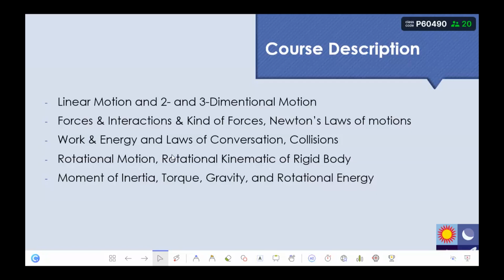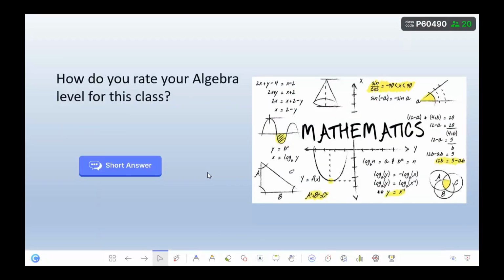But for this, we need tools. One of the tools which is very important is mathematics. That's why we call this a college algebra based physics.